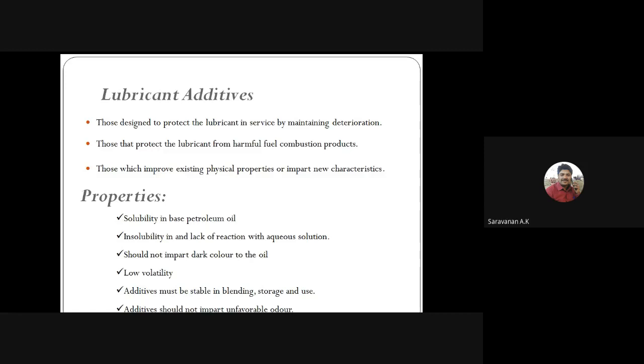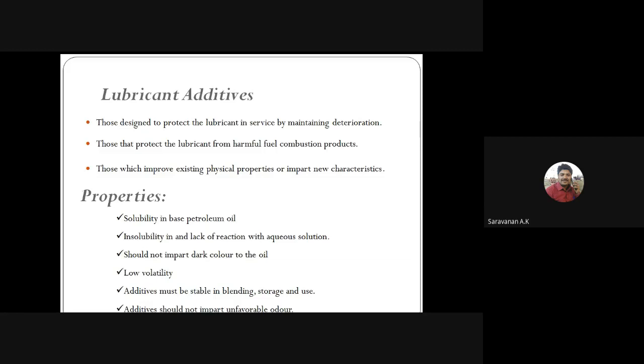These chemical compounds and agents are mixed with the lubricating oil, and then only can we get a good quality lubricating oil that is suitable for most conditions. The lubricant produced from crude oil is not used in most conditions, and we can't use it directly.